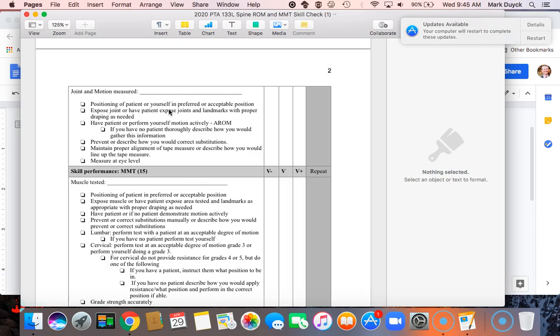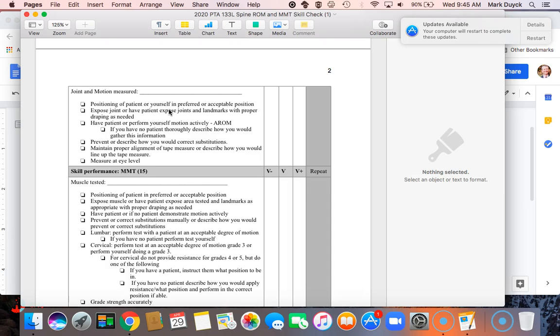So position the patient in that preferred testing position, or yourself. You can videotape yourself in that preferred position if you do not have someone to work with. Exposed joints, or the patient's exposed joints, with proper draping is needed. So again, if you don't have somebody, you can expose your own joints.